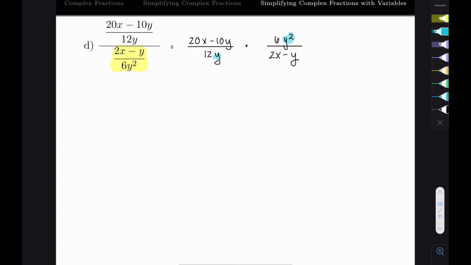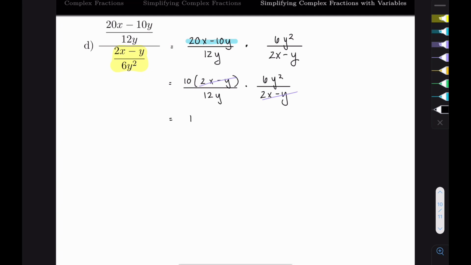So if you want to start simplifying the y squared and the y, go ahead. I personally want to kind of clean up these things because I think there's probably a common factor. So in this 20x minus 10y, we can take a 10 out of both of those. And that leaves us with 2x minus y, which is great because we have 2x minus y in the bottom. So those factors cancel each other out.